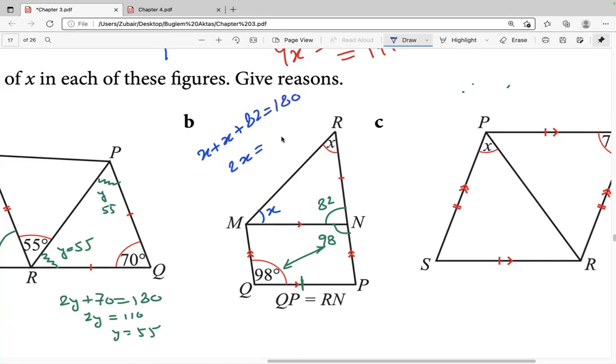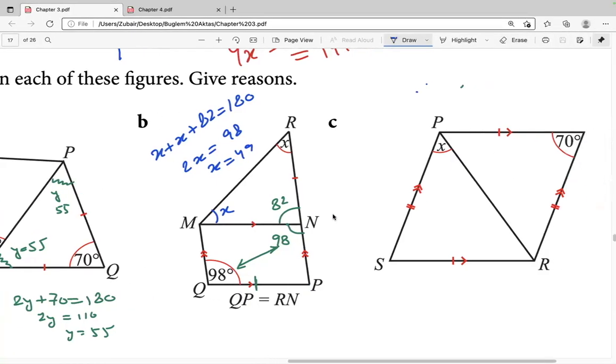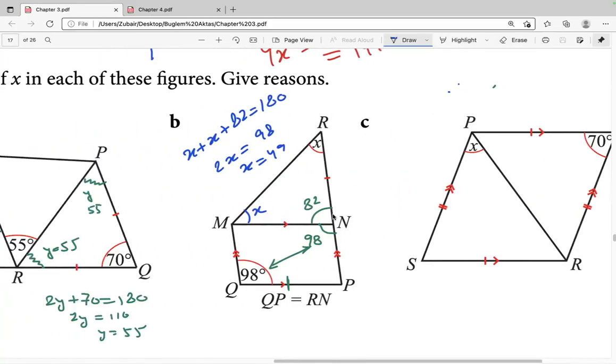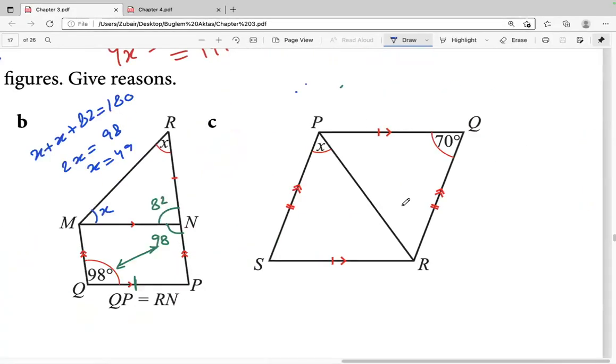49, both sides are 49. Last one for this. 55?